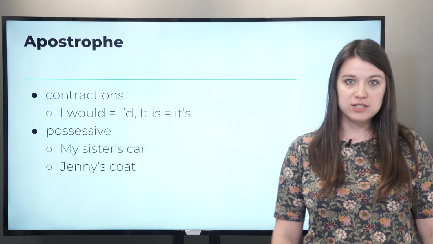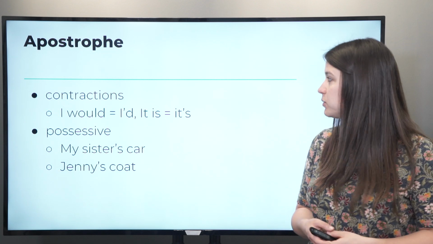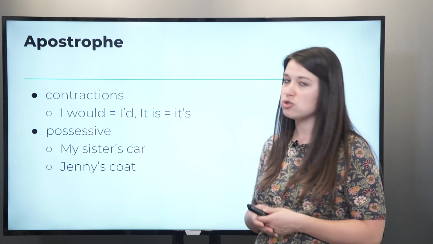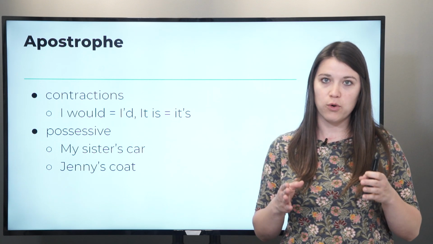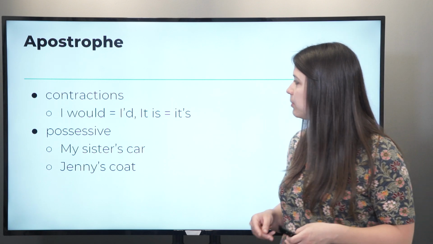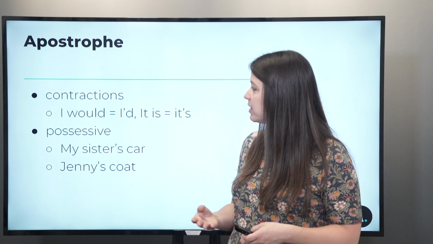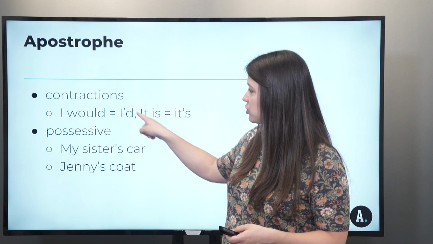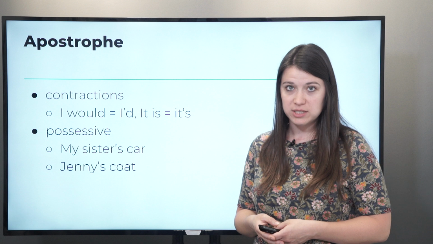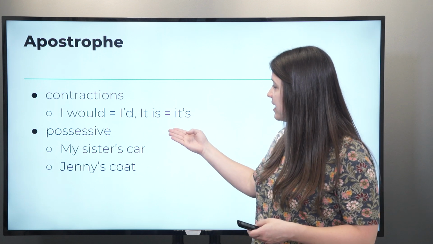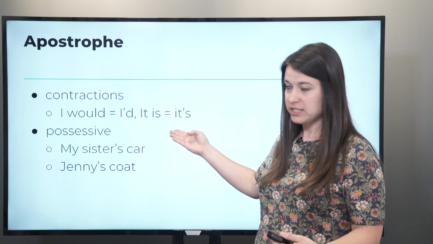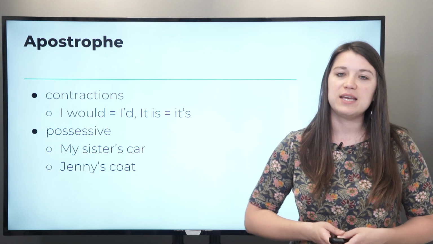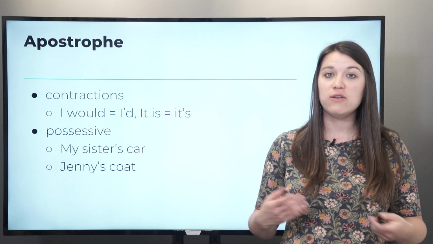Okay, the apostrophe. So apostrophe has two different uses, for contractions and for the possessive. Okay, so a contraction is a shortened form of two words. So let's see a couple examples here. "I would" in its contracted form is "I'd," so you do I apostrophe D for short, and then "it is" in the contracted form is "it's," IT apostrophe S. Okay, so this is most often used in informal language.